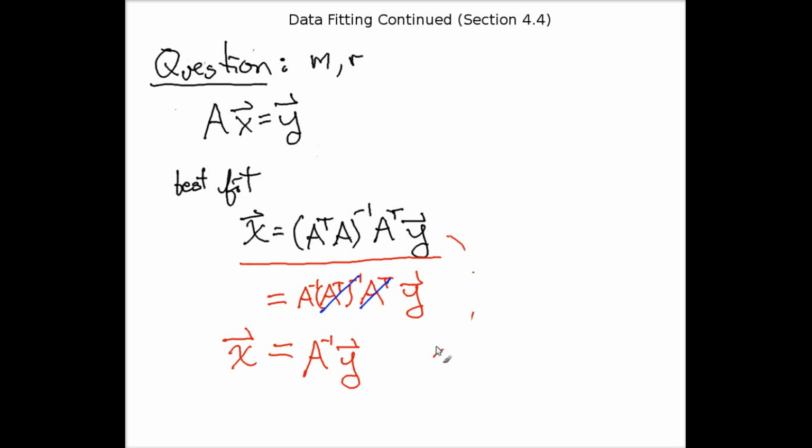Are these the same? And if so, why did I give this more complicated formula when this works? I'll let you think about that, and we'll talk about that in class.